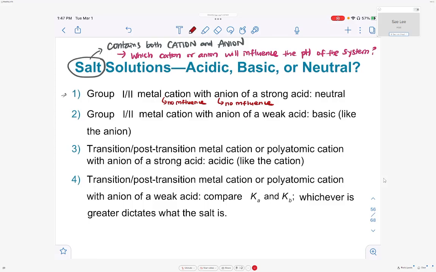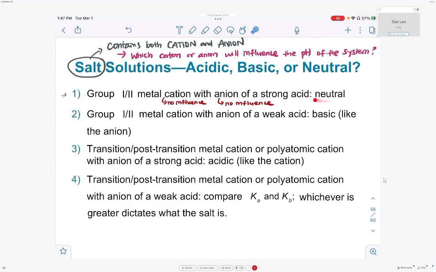So then the salt that contains a group 1 metal cation and an anion of a strong acid, this combination of the cation and anion, in result, is going to be neutral.